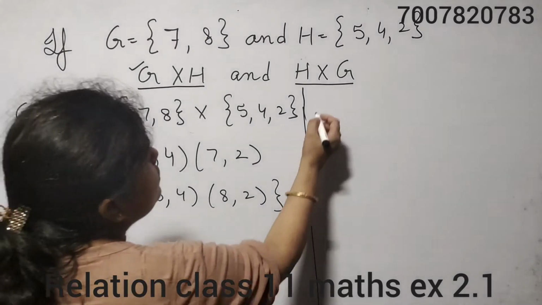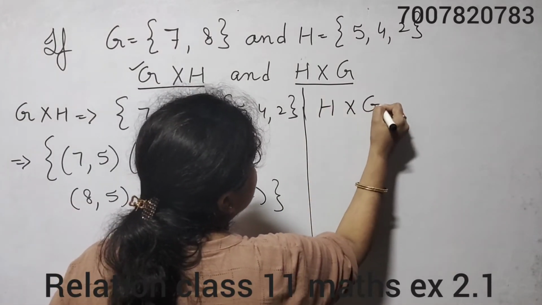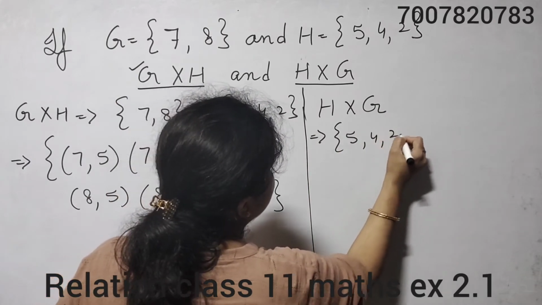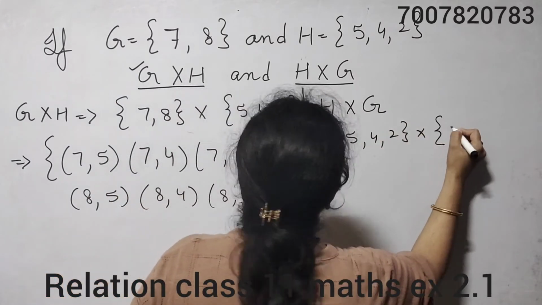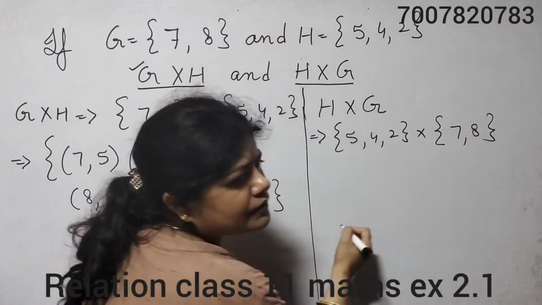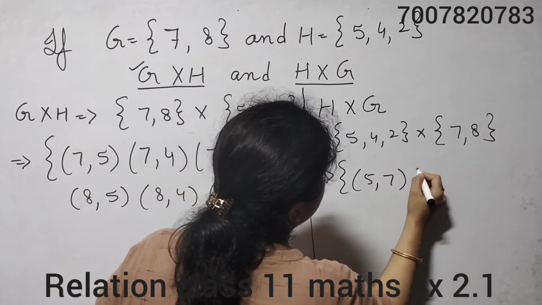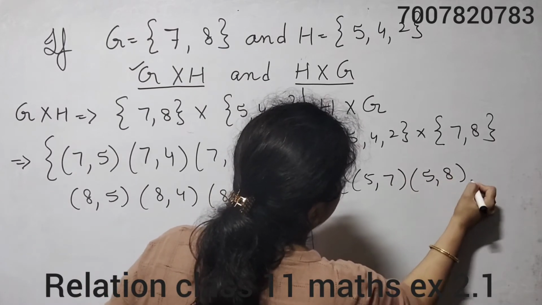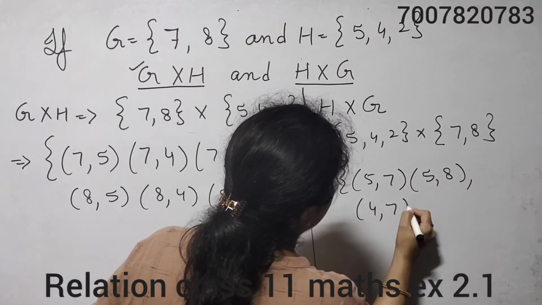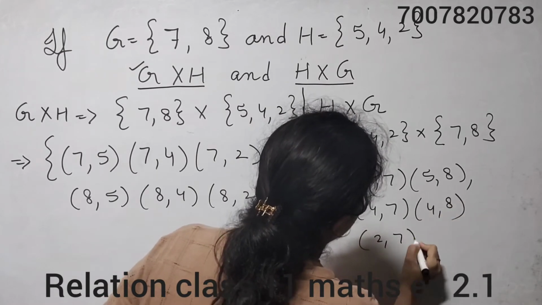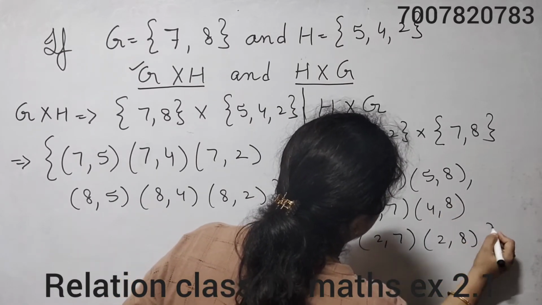But when you find out the cross product from H cross G, we firstly write the set of H, then we write the set of G. Now what is the answer? 5, 7, 5, 8, 4, 7, 4, 8, 2, 7, 2, 8.